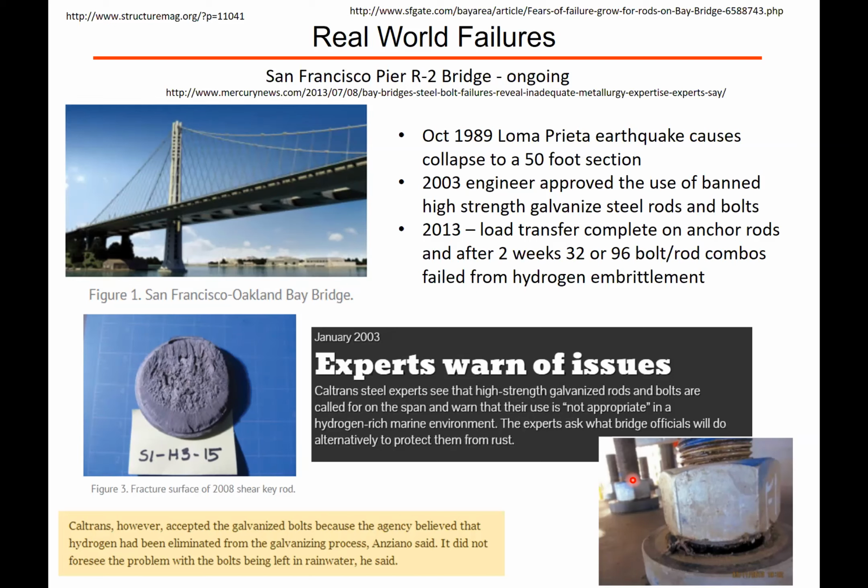Okay, so it's not really to highlight any one particular catastrophic failure. It's just these are the lessons that we need to learn so that we don't repeat history.